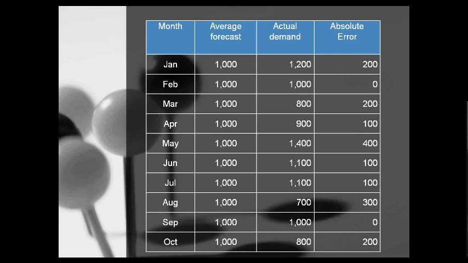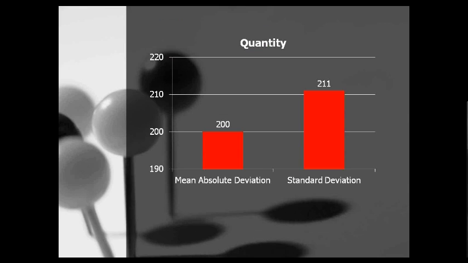The ways of measuring this forecast accuracy, and as I said before, there are many ways to measure forecast accuracy. We're going to look at just two of them here: mean absolute deviation and standard deviation. Now, in prior webinars, we've looked at standard deviation, how you calculate it and everything. If you would like more information about how you calculate standard deviation, how you calculate mean absolute deviation, Tony Arnold's book, Introduction to Supply Chain Management, is a good source of information for that.